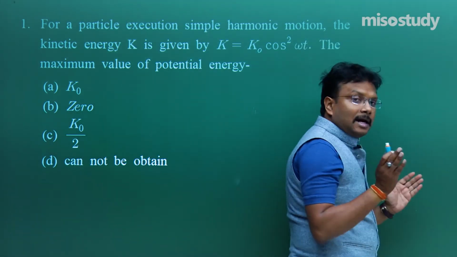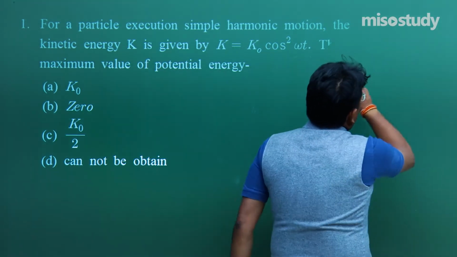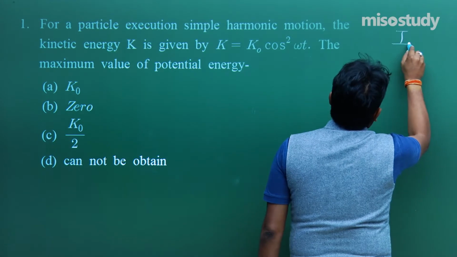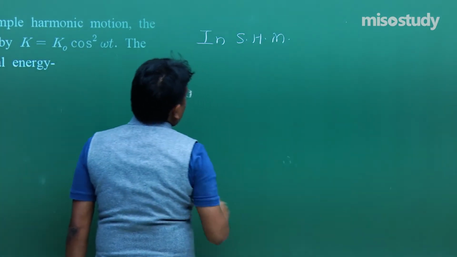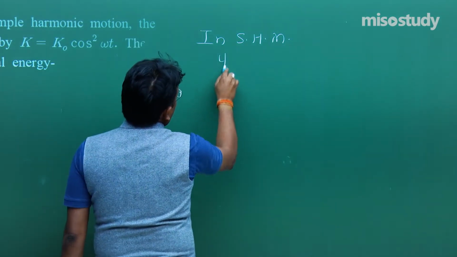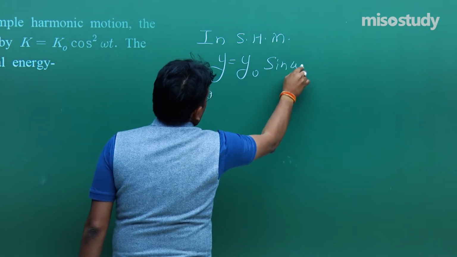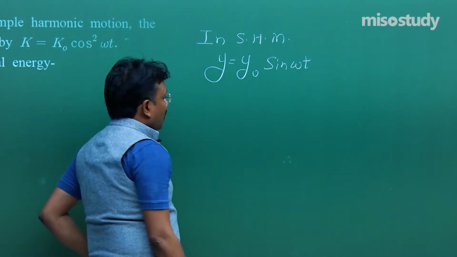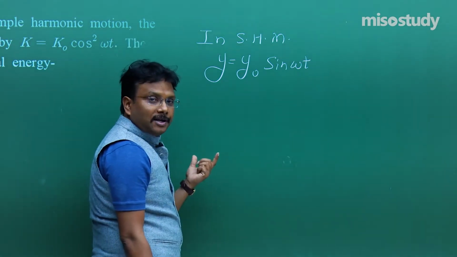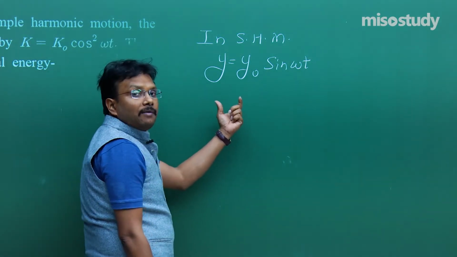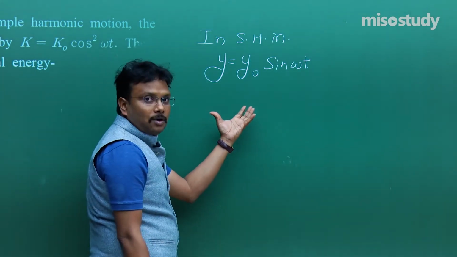Just for your understanding, I would like to mention a few extra steps. Fine. So in SHM, the general equation is y is equal to y naught sin omega t. If you differentiate it once, you will get velocity, and then half m v square will give you the kinetic energy value. Fine.